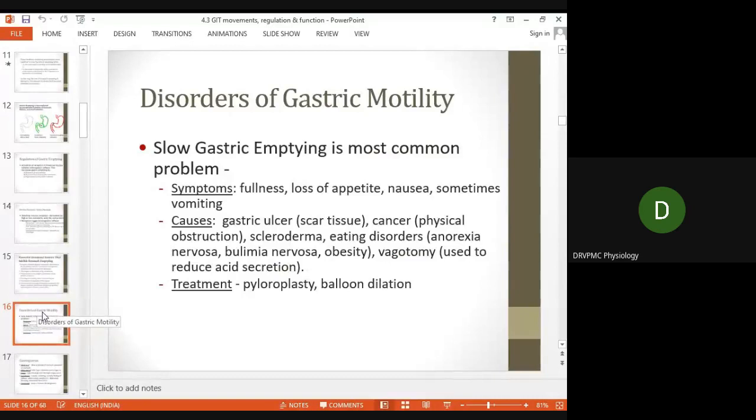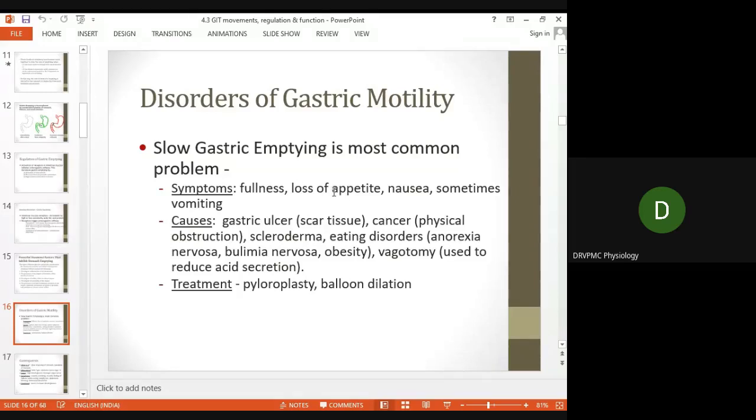Why is it important to understand gastric emptying? Because there are some issues with gastric motility. Gastric emptying can be slowed or hastened, and because of that, the person will feel a lot of problems, like slow gastric emptying. This is the most common problem. What happens? The symptoms the person will complain of with slow gastric emptying are that they will always feel their stomach is full, fullness.